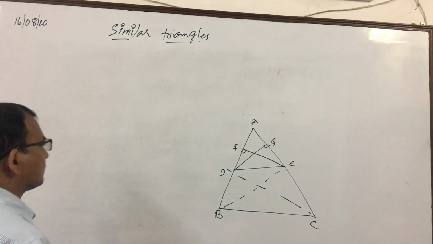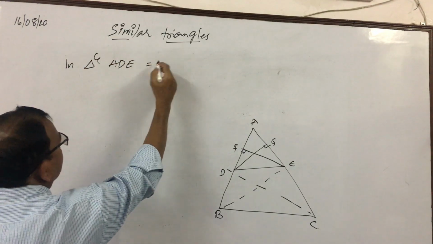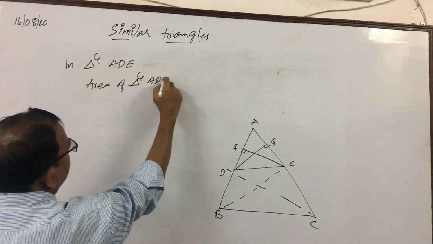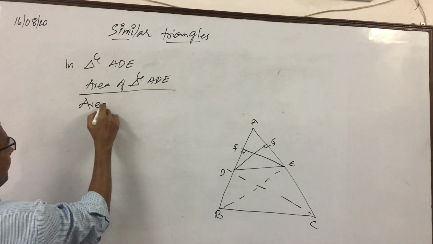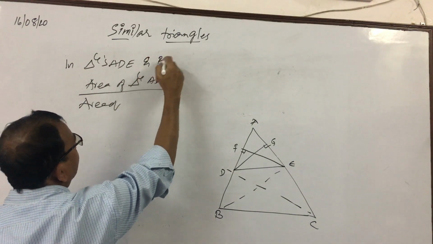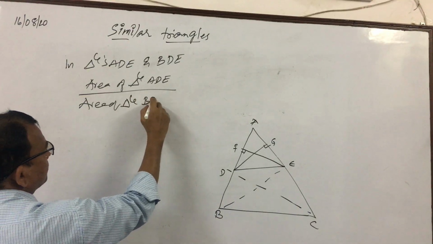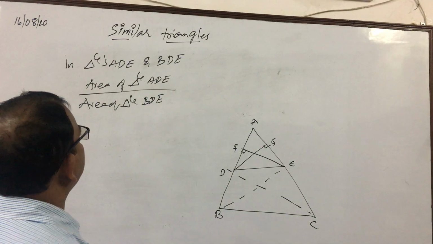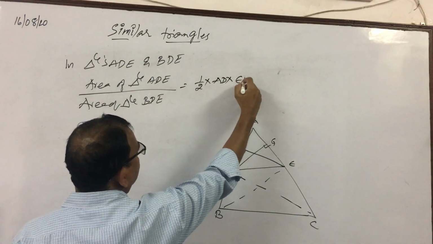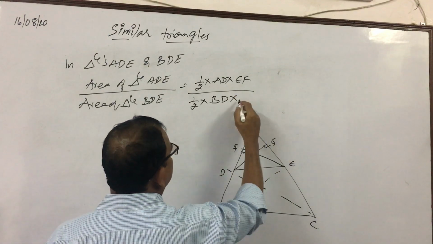Now, in triangles ADE and BDE, area of triangle ADE by area of triangle BDE is equal to half into base AD into height EF by half into base BD into height EF.